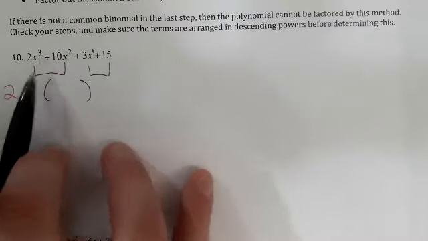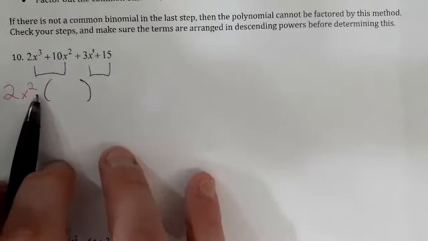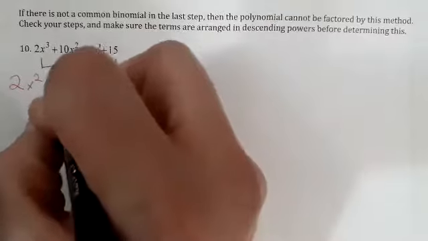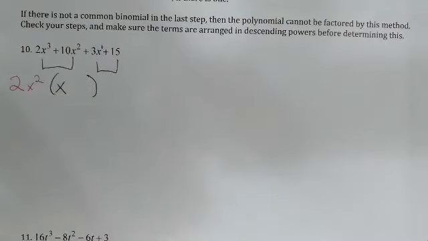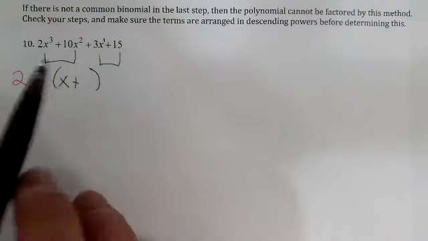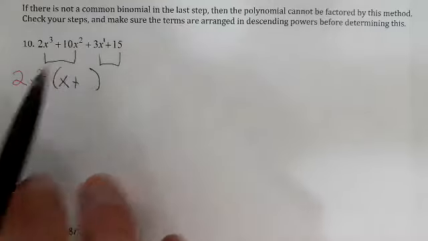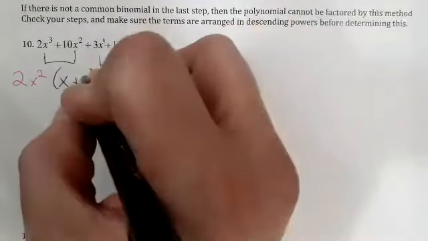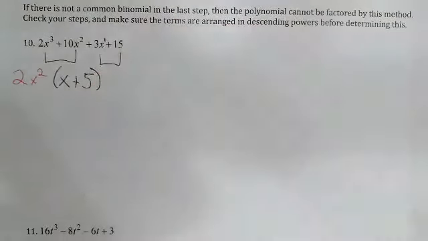So x to the third, and I'm going to subtract 2 of them. Give me a x plus, and I go 10 divided by 2 is going to give me 5. X squared divided by x squared is going to give me no more x's.